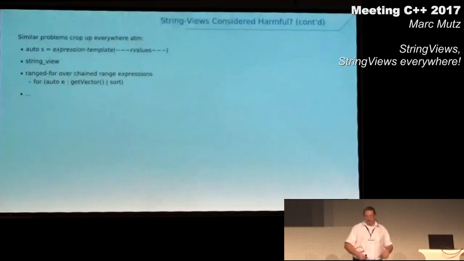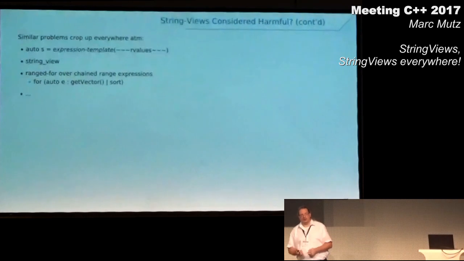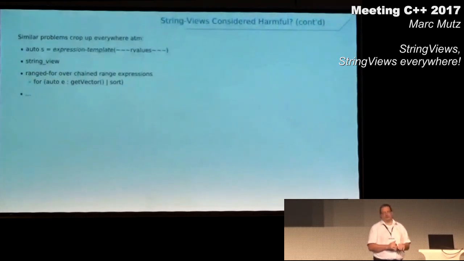It starts with expression templates: you pass in rvalues, function calls or std::moves, and then you catch it in an auto variable. You're catching the AST of that expression template and not the result. And then as soon as the semicolon has executed, the rvalues go out of scope and you're referencing deleted data. We have seen this with StringView.